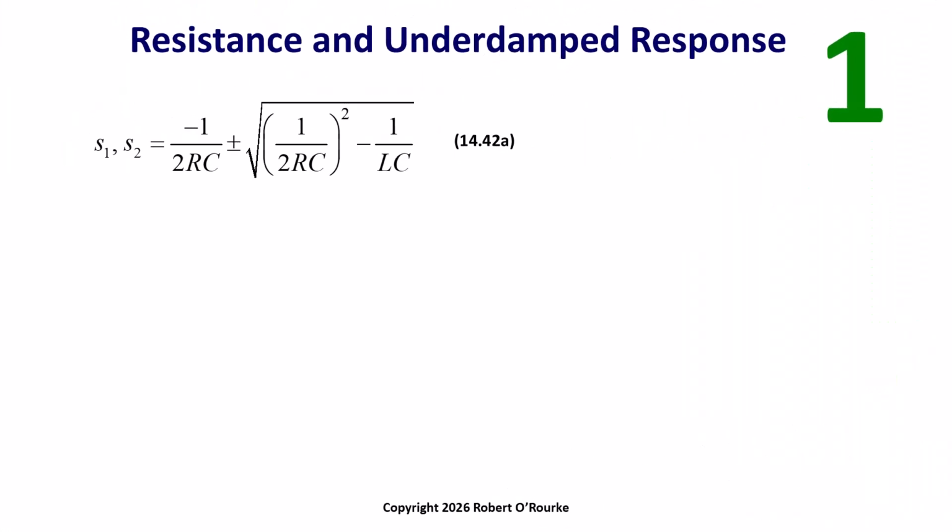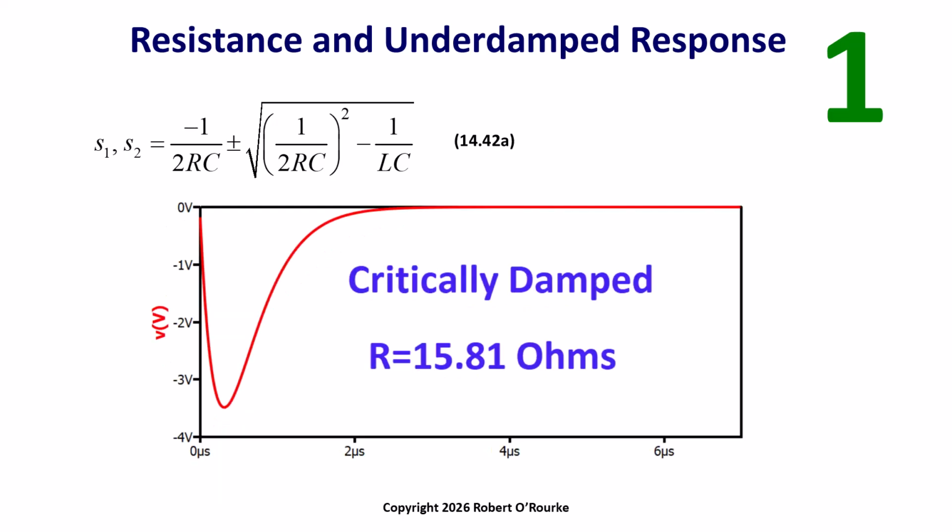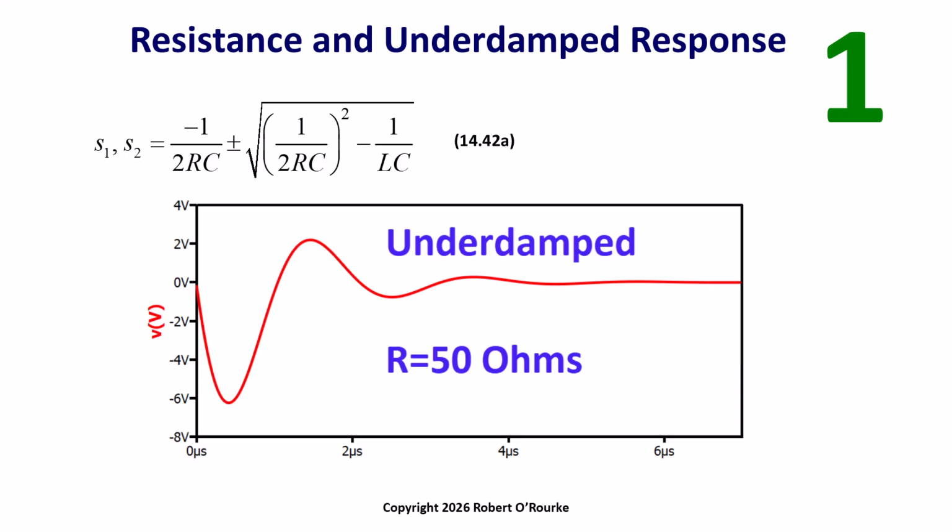Section 1. Resistance and underdamped response. The values of the resistance, the inductance L, and the capacitance C make up the roots in equation 14.42a, and determine which of the three damping responses the circuit will have: overdamped, critically damped, or underdamped.